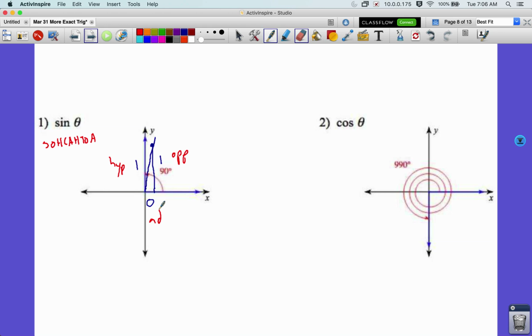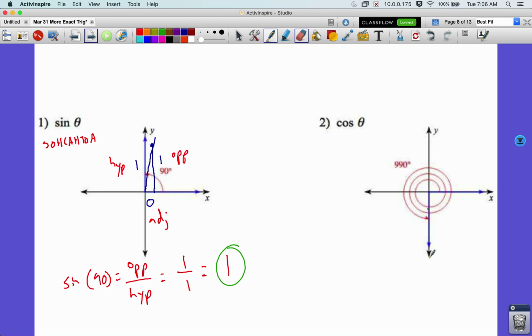This is still my adjacent. And when I go to do sine of 90 degrees, I want opposite over hypotenuse. I want 1 over 1, which just equals 1. And if we plug in sine of 90 degrees in our calculator, you will see that we get 1.